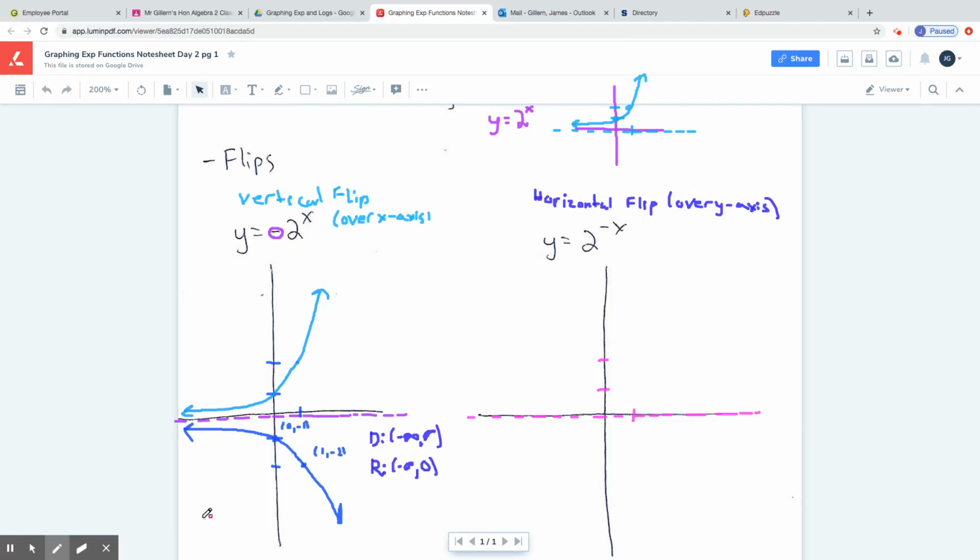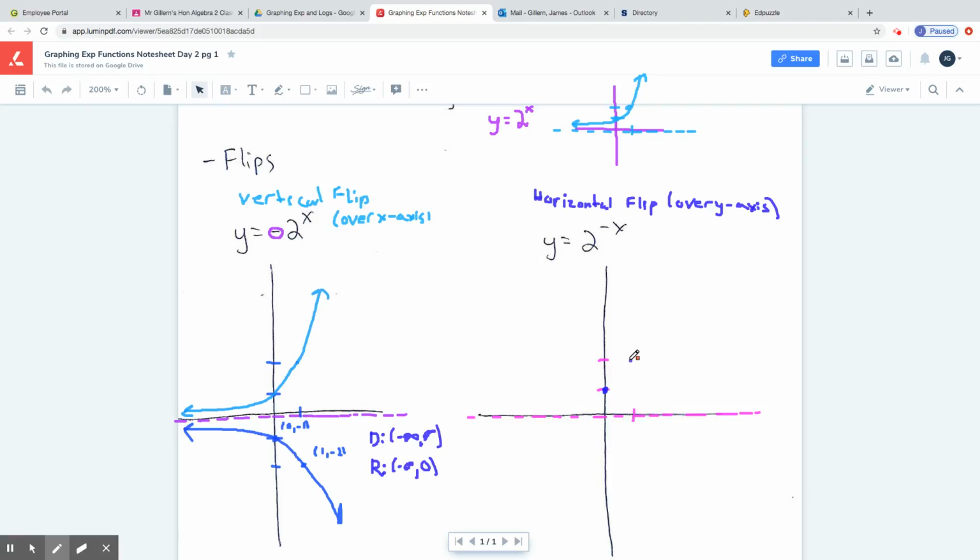Now we normally would have a point right here, right? At 0, 1. Well, if I flip it over the y-axis, I'm on the y-axis. Guess what? It stays on the y-axis. It doesn't move anywhere. We're not changing it. It's on the axis that's flipping over, so it stays there.